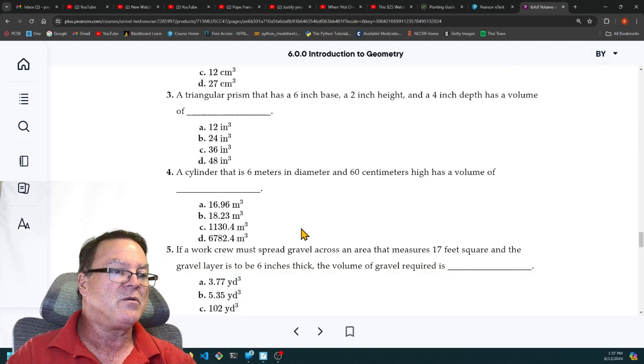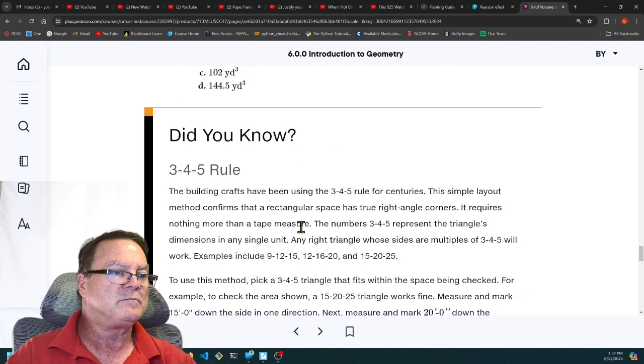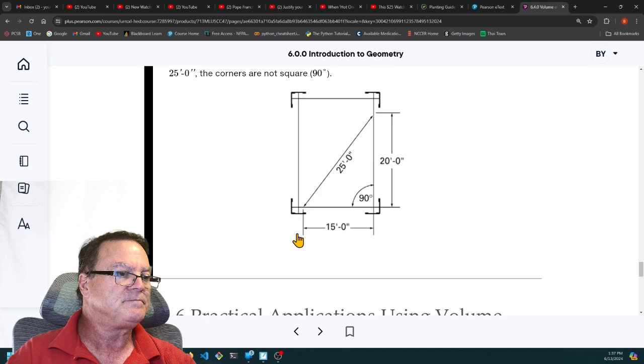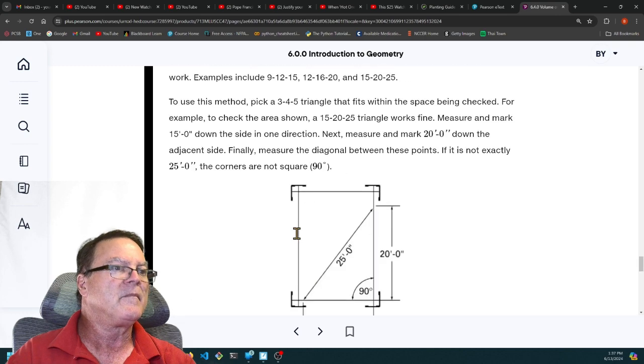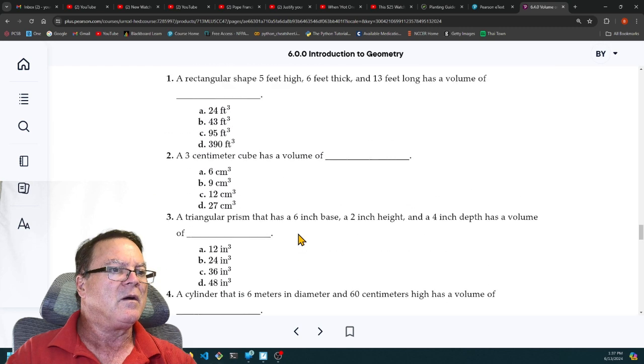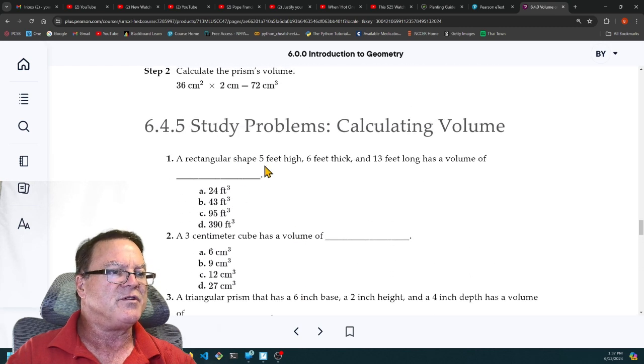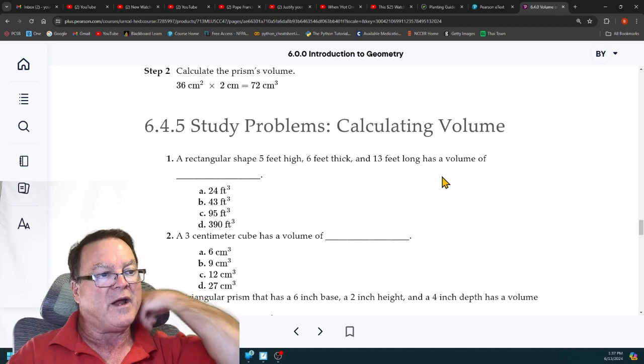Study problems. Okay. All right, I'm just trying to decide if we want to do these or not. It says a rectangular shape is 5 feet high, 6 feet thick, and 13 feet long, and it has a volume of what?